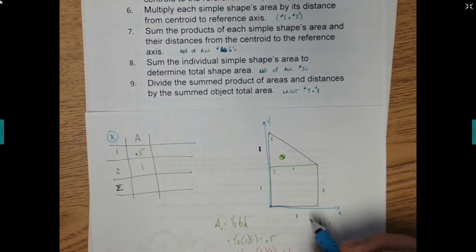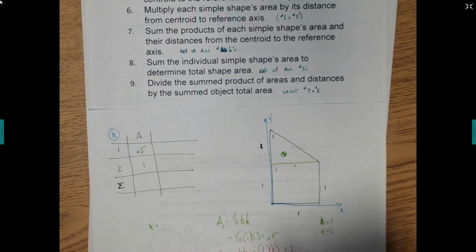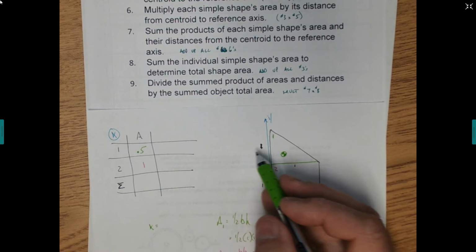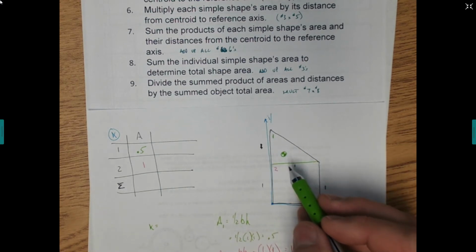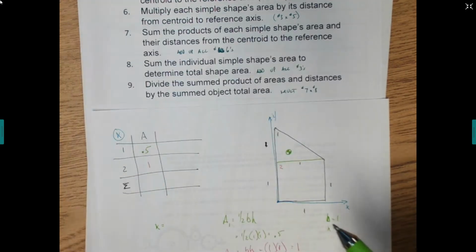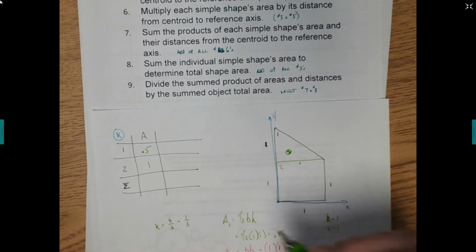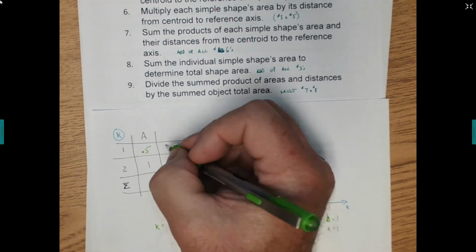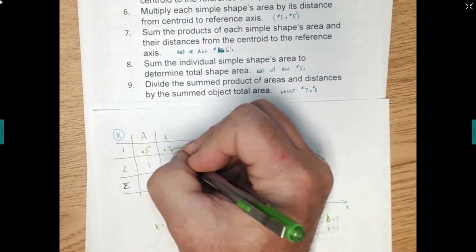So let's just look at the x first. So my x centroid for a triangle, remember, because number 1 is the triangle, is just 1/3 of the base. So it's the base over 3, which is just 1/3. So this is my x, it's just going to be 0.33.